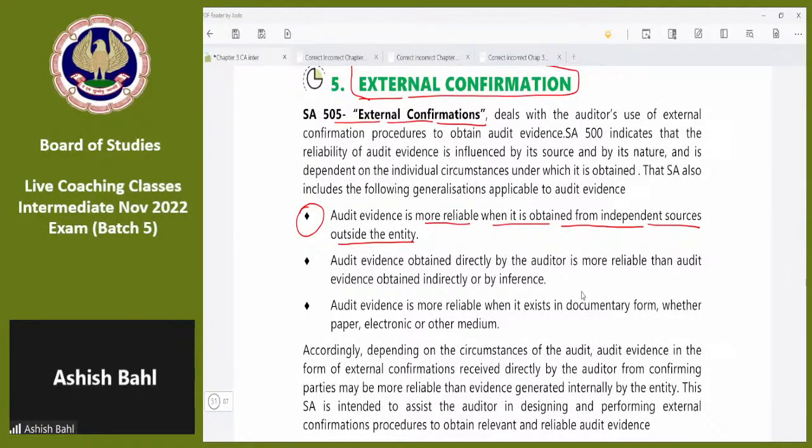Obviously, information obtained from third party is more reliable. So that is why audit evidence is more reliable when it is obtained from the independent sources.